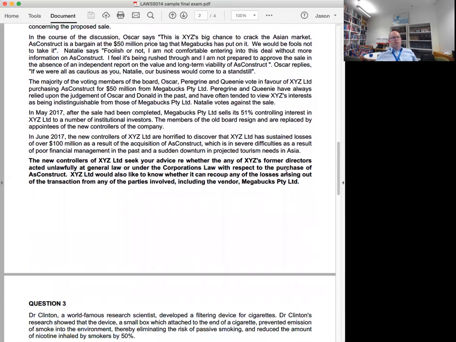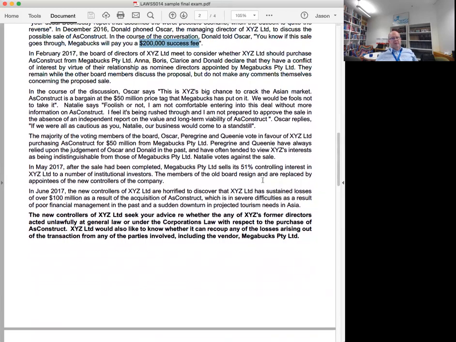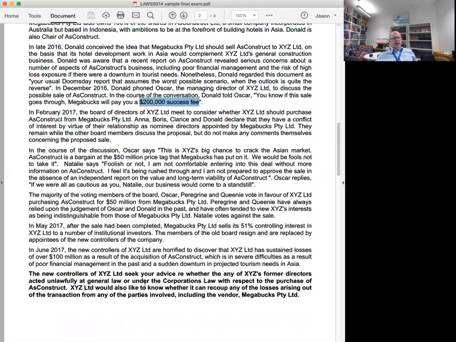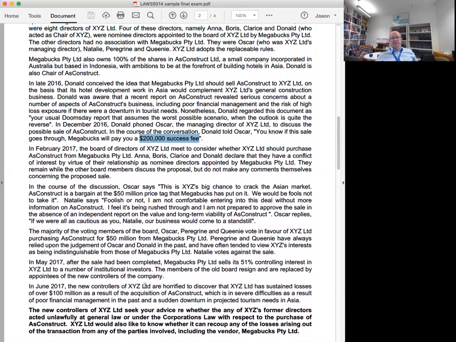All right, and then with respect to the purchase, this is not a situation where XYZ would be able to rescind the purchase because they didn't know that Megabucks had an interest in it, that the directors had an interest in Megabucks. So it's hard to see how that would work.